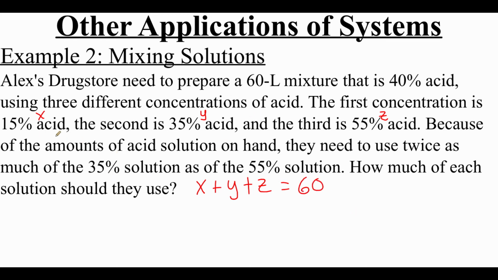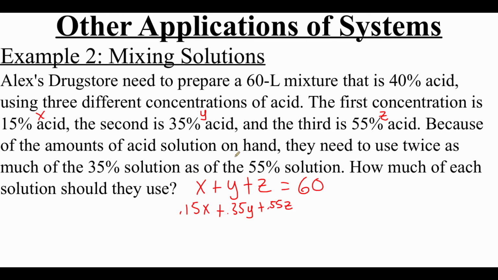Now for the second part, I want to deal with those concentrations, those percentages, but I want to turn them into a decimal. And what that's going to do is tell us how much pure acid we have total. So if I take the 0.15 times that x amount, plus the 0.35 times that y amount, plus that 0.55 times our z amount.